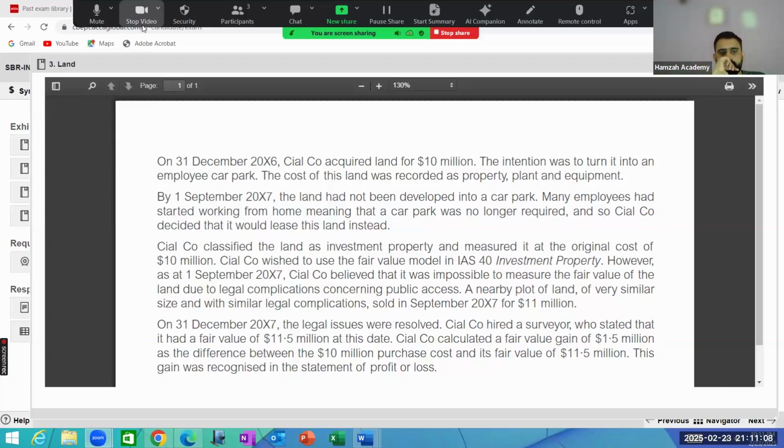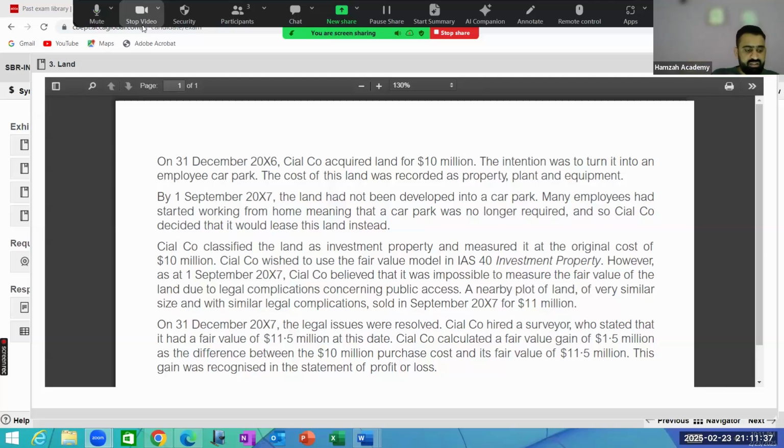On 31st December X6, C company acquired a land for 10 million. The intention was to turn this land into an employee car park.